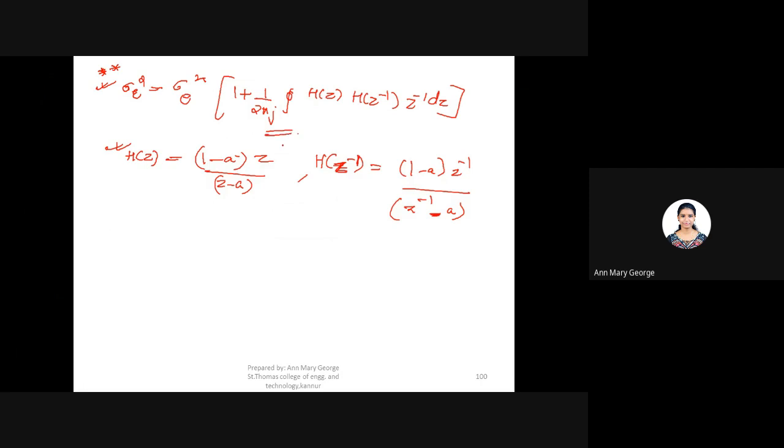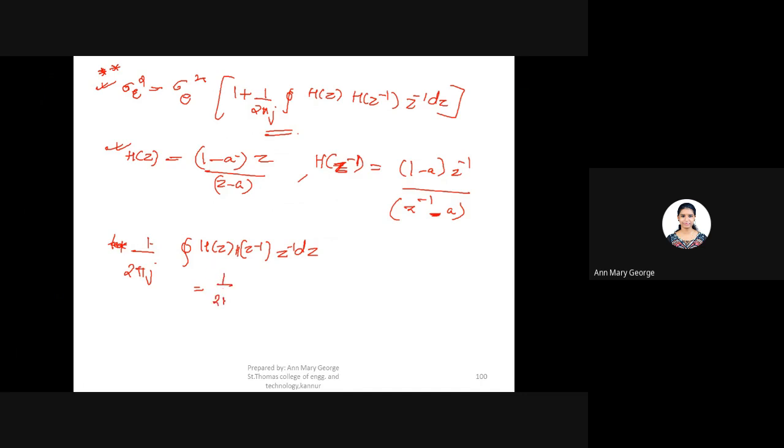Okay, this term we can evaluate as 1 plus 1 by 2 pi j the integral of h of z into h of z inverse dz. Substituting the h of z and h of z inverse in this equation, what will you get?